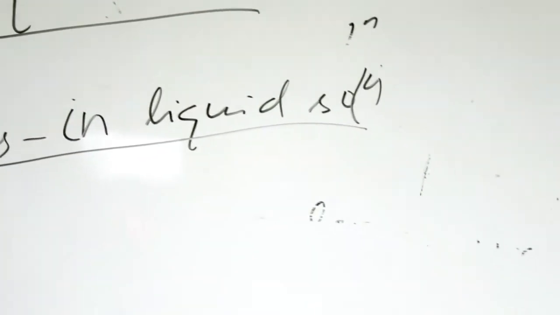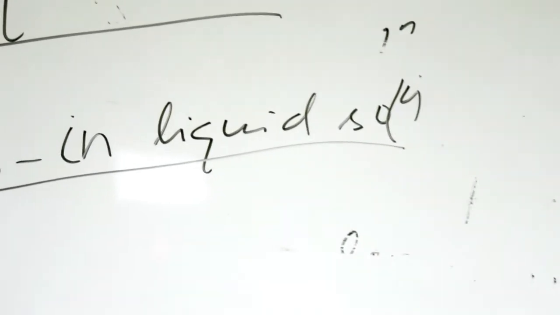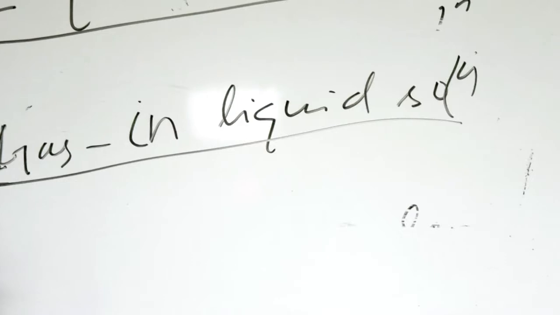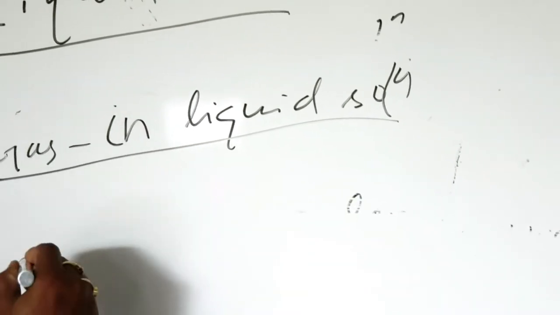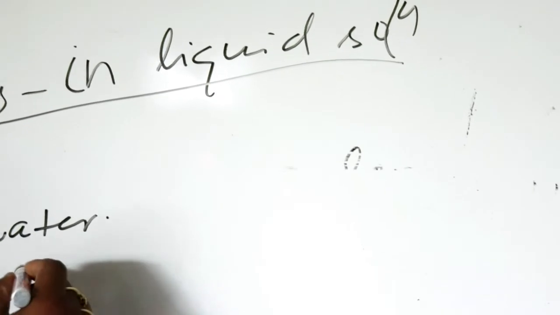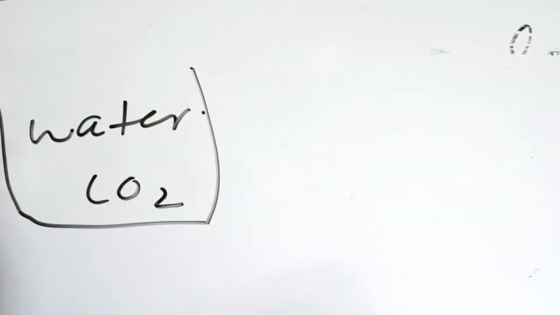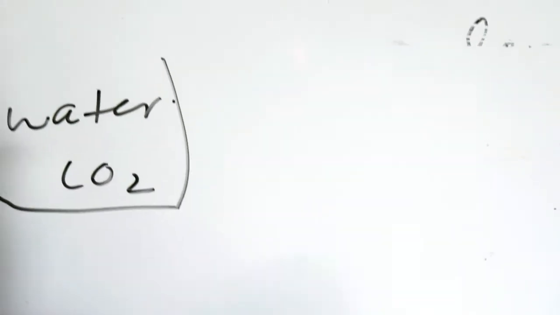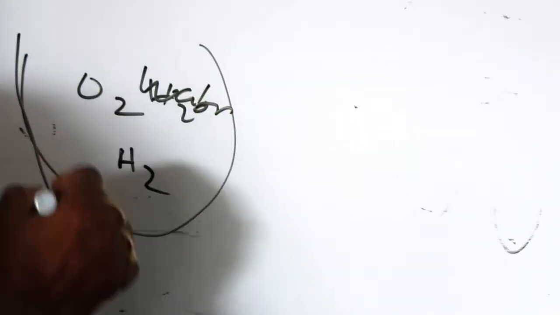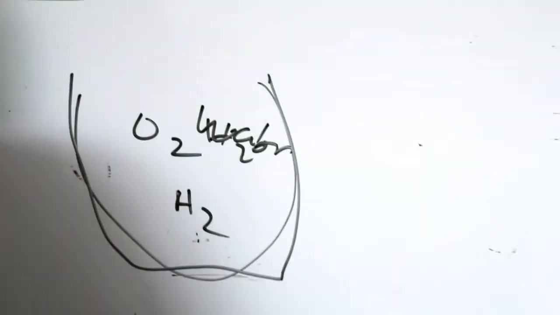The gases which have easy liquefaction, which means they can be liquefied easily, can dissolve in a solvent like water more easily compared to others. Let's say carbon dioxide can easily dissolve in water compared to oxygen or hydrogen. Oxygen and hydrogen cannot dissolve easily because they cannot liquefy easily as compared to carbon dioxide.